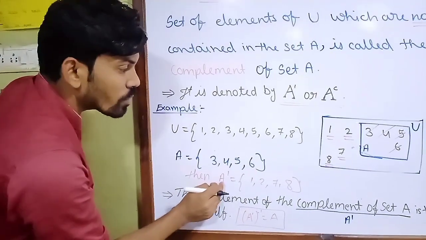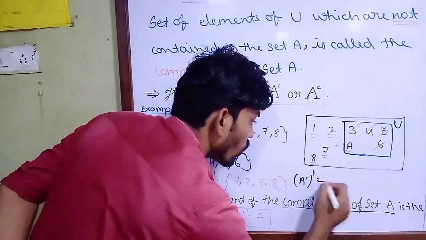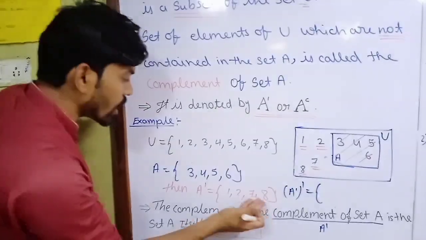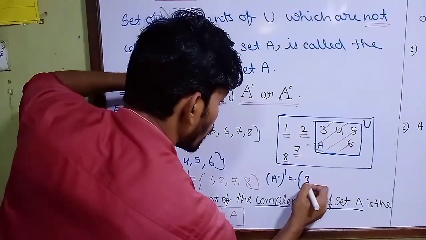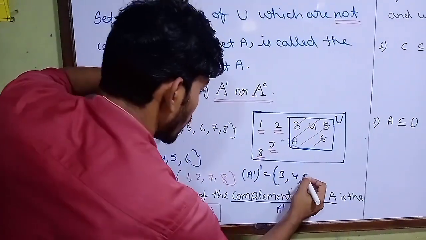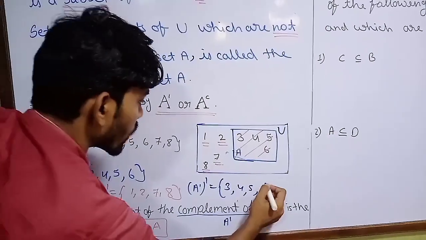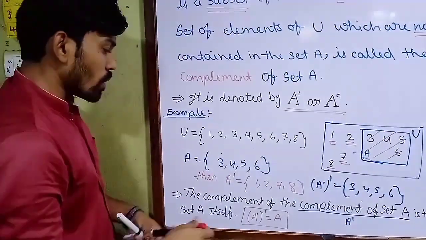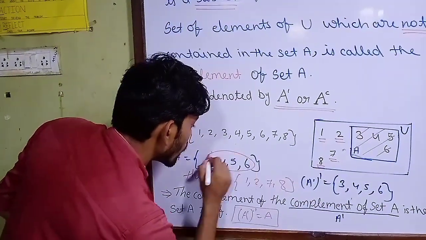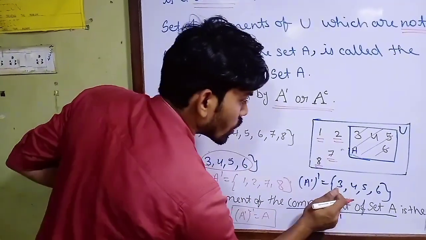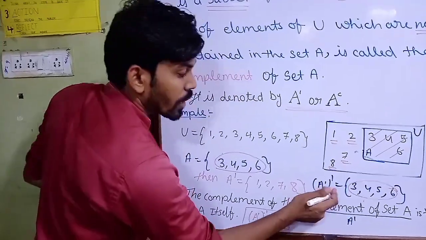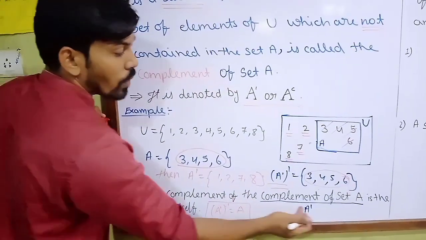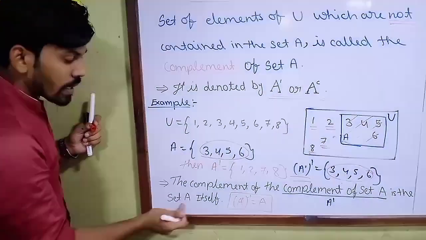We want to find the complement of the complement of set A. Out of the universal set, except this 1, 2, 7, 8: 1, 2, no; 3, yes, we need it; 4, yes; 5, yes; 6, yes; 7, no; 8, no. So 3, 4, 5, 6 is the complement of the complement of set A. That is nothing but, if you see here, 3, 4, 5, 6 in both the complement of complement A and the set A. The same way here we learn the complement of the complement of set A is the set A itself.